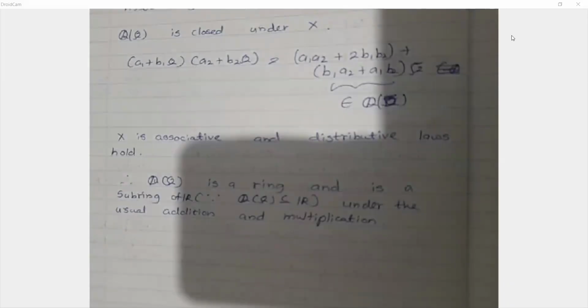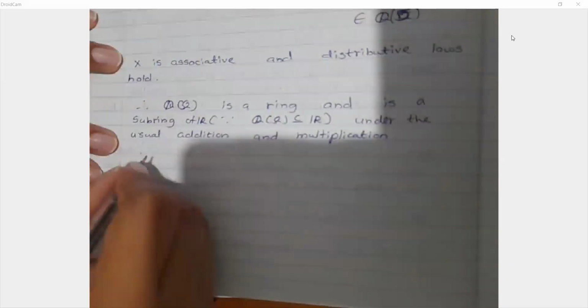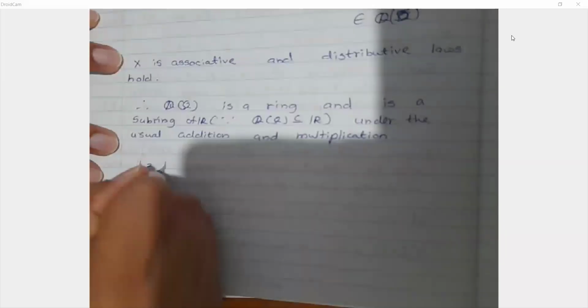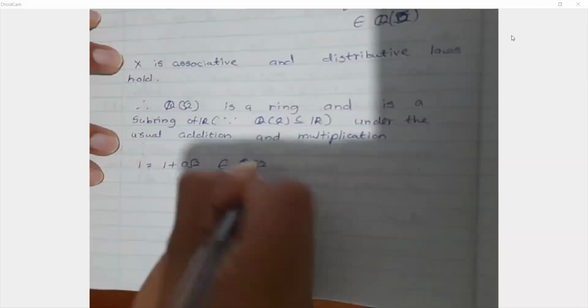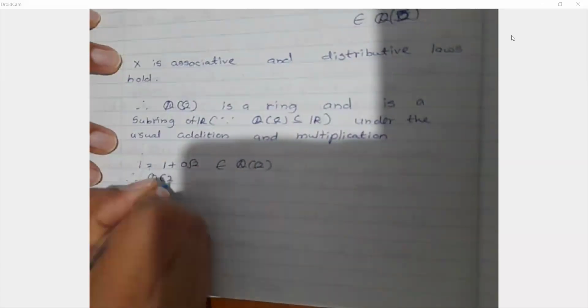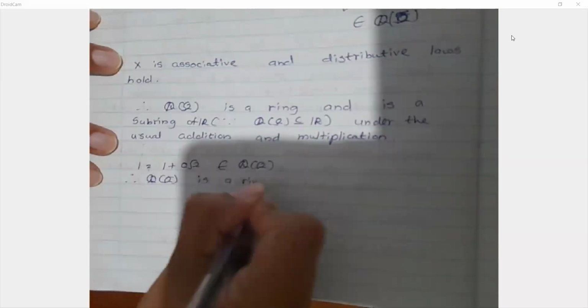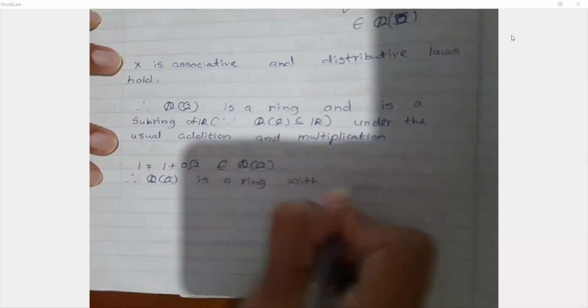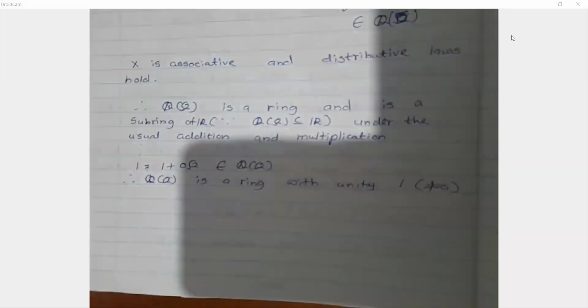So first observe that this is a ring with unity 1, which is simply 1 plus 0 times root 2, an element of this ring. Therefore, Q of root 2 is a ring with unity 1, which is actually different from 0, right?